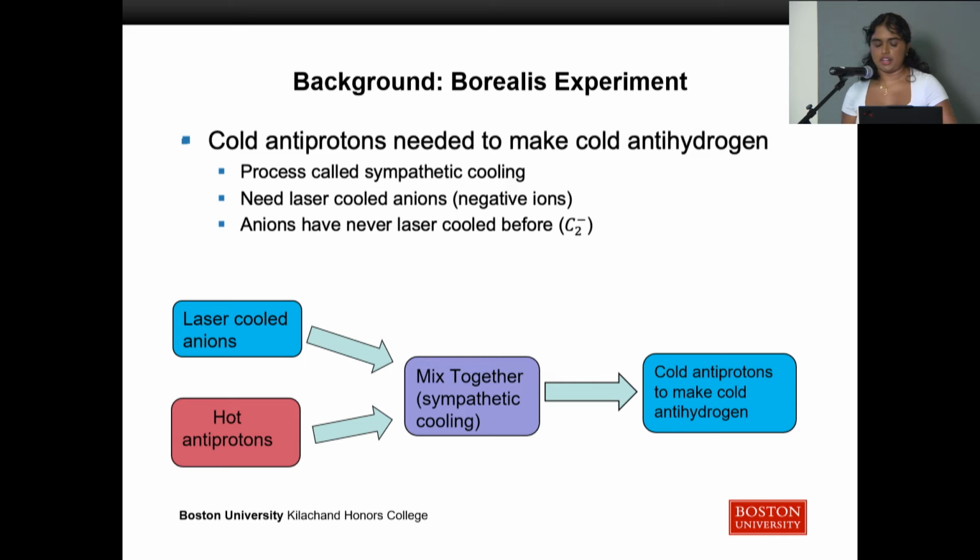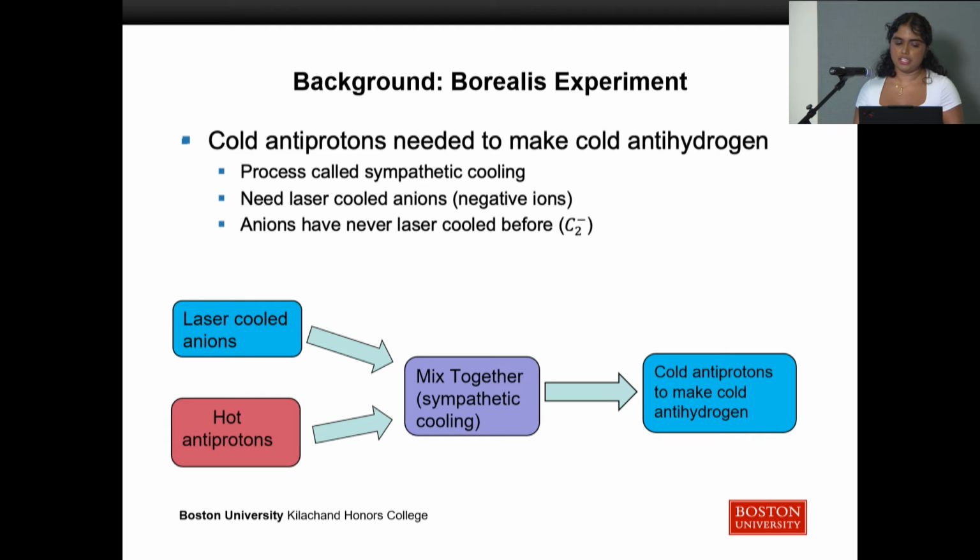Anions are just negative ions. So if we have hot antiprotons and laser-cooled anions, we can mix them together, and they will cool each other in a process known as sympathetic cooling. This will cool the antiprotons, and then they can be used to make cold antihydrogen.